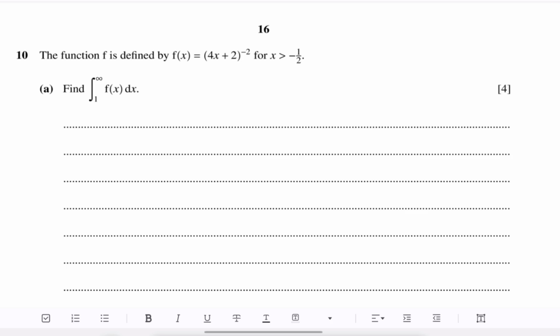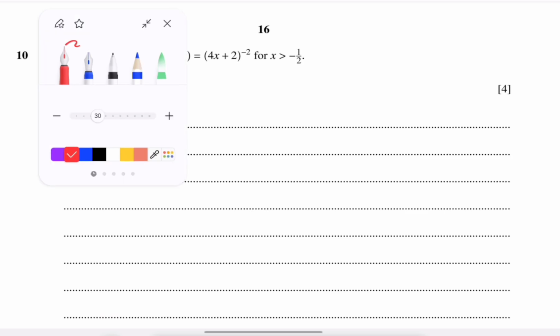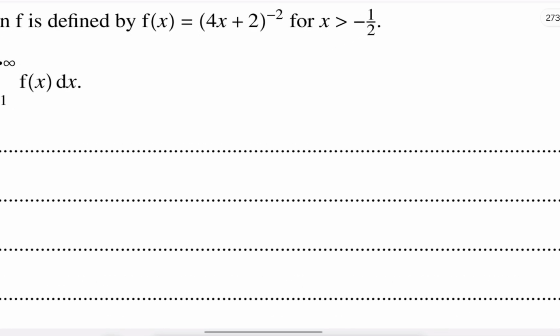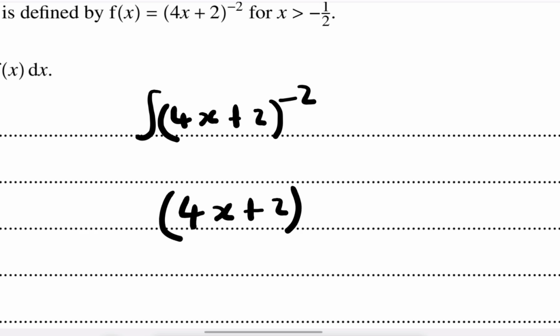That's our question, so we're going to go ahead and work this out. If we have the integral of (4x + 2) to the power minus 2, we add 1 to the power, so adding 1 to minus 2 we get minus 1.